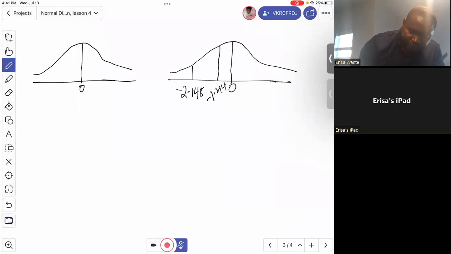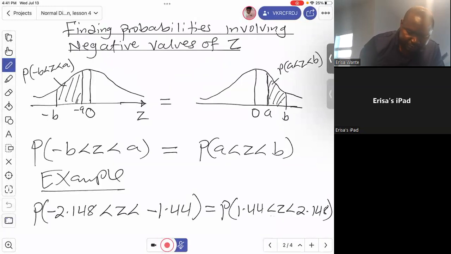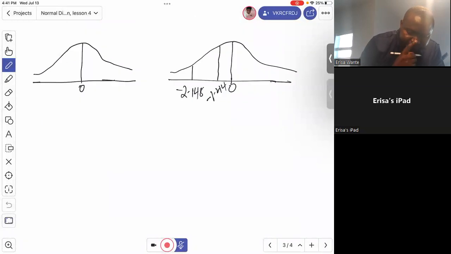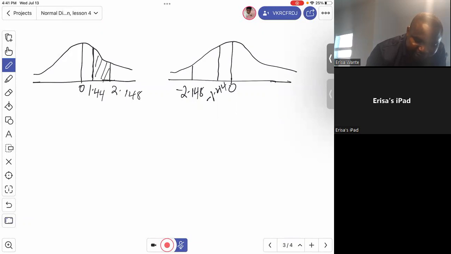So I transfer this area to the positive side. Unfortunately, I've done the reverse, but it is okay still. I have here 1.44, and then this is 2.148. So this area is exactly the same as this area.